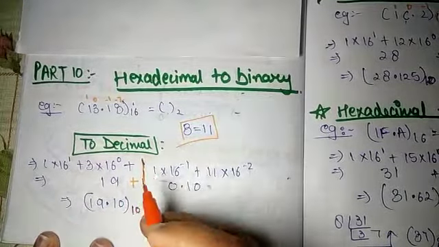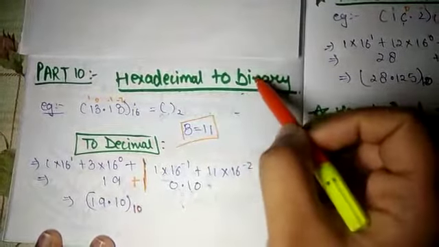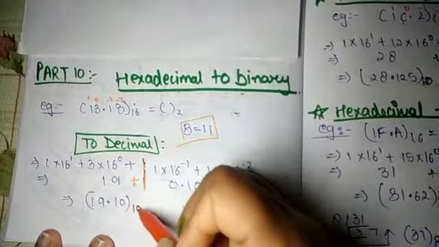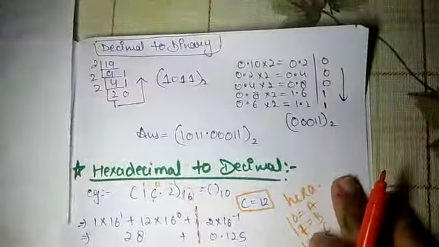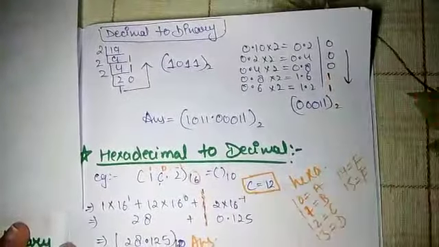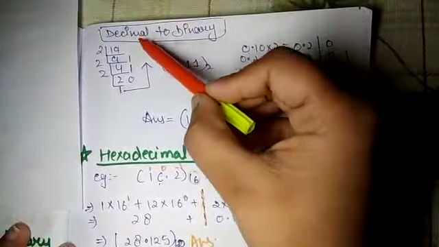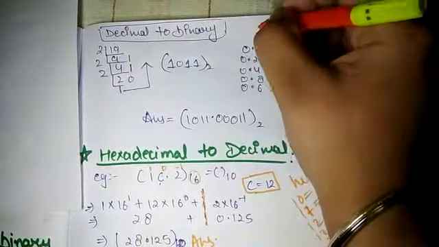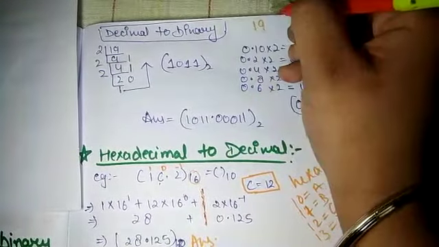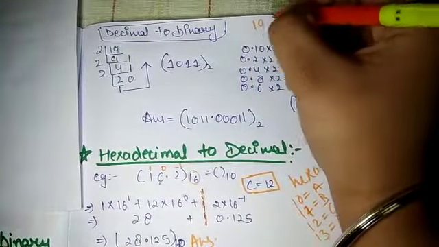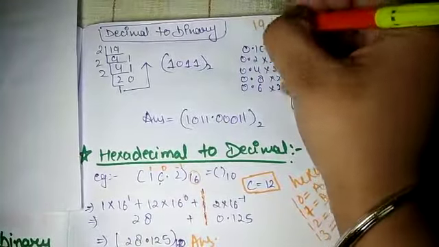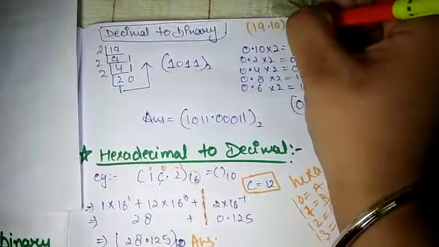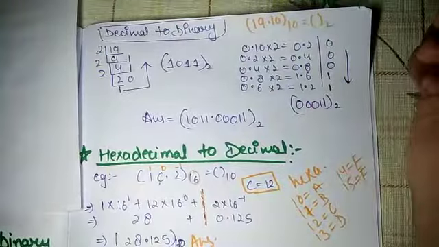But our aim was to convert to binary form, so we are converting this decimal value to a binary value. Our output for hexadecimal to decimal conversion is 19.10 with base 10. We have to convert it to base 2.